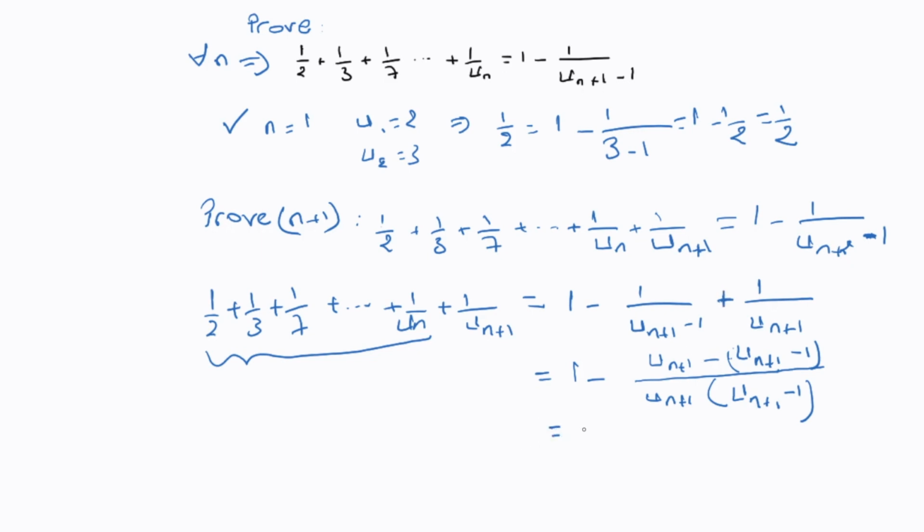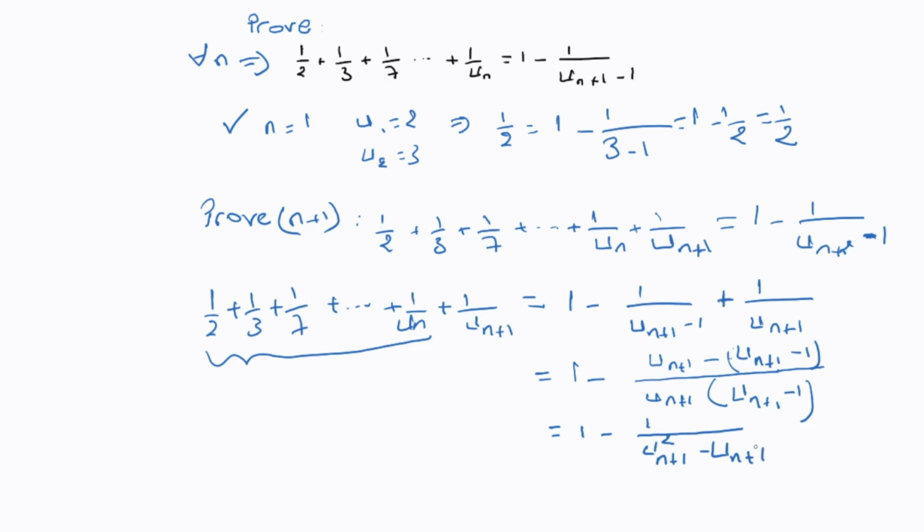And this one is equal to 1 minus U(n plus 1) minus U(n plus 1) minus 1. So this is equal to 1 divided by U(n plus 1) square minus U(n plus 1).